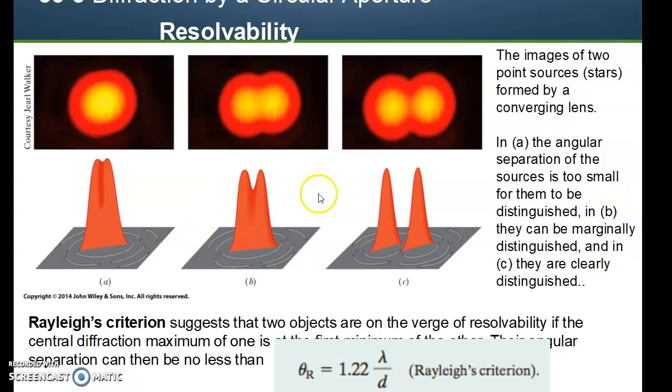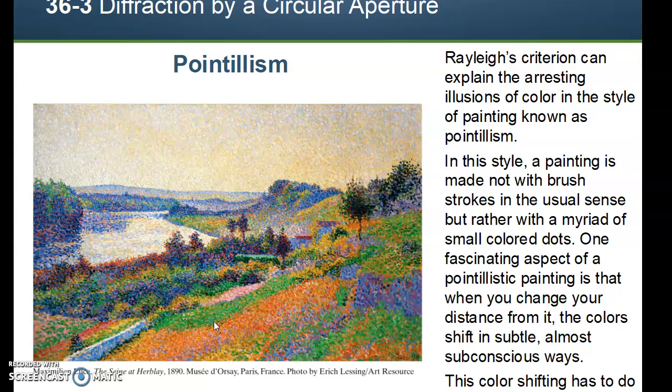And we're going to have some problems associated with how well you can resolve something. Remember, most of the telescopes and things that we have, and our eyes, are circular. So for what we can pick out with our eyes, Rayleigh's criterion tells you what you can resolve at what particular point. They talk about it right here: pointillism.